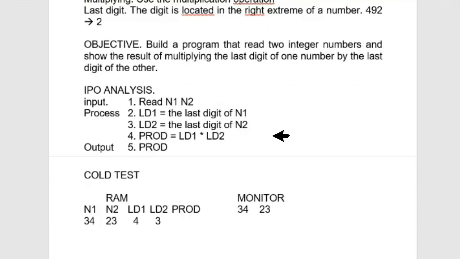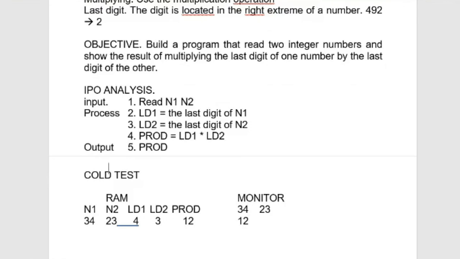Step number 4. Prod is equal to LD1 by LD2. LD1 is 4, LD2 is 3. 4 by 3 is 12. And the output is prod. So number 12 is going to the monitor.